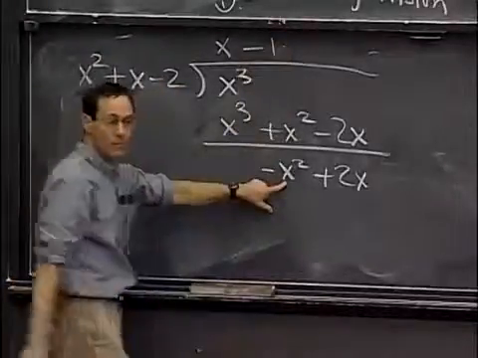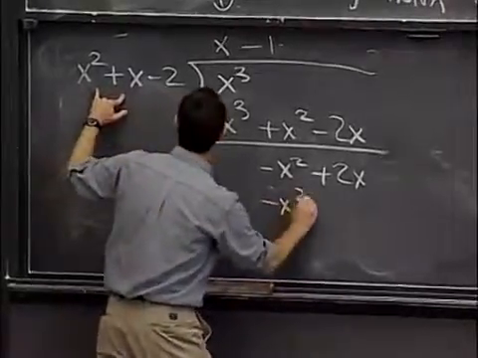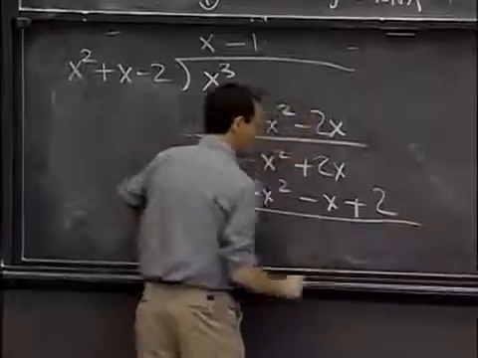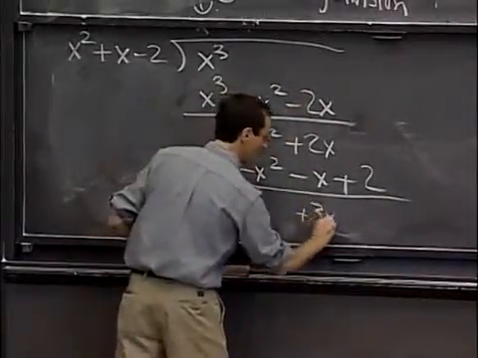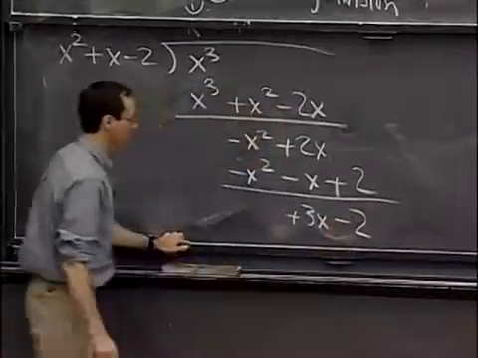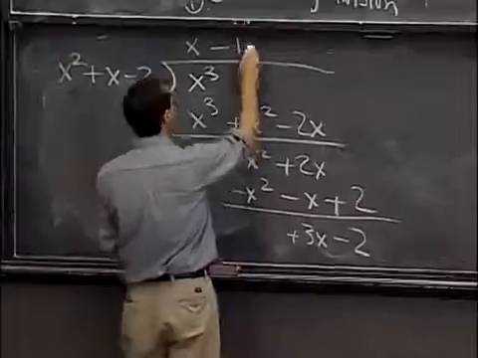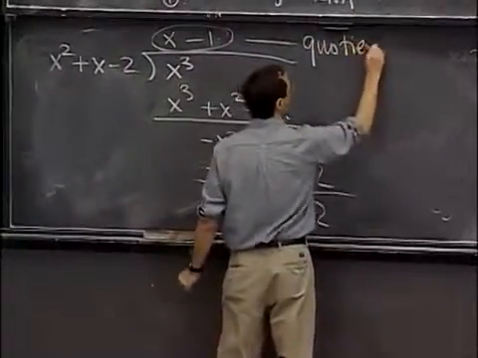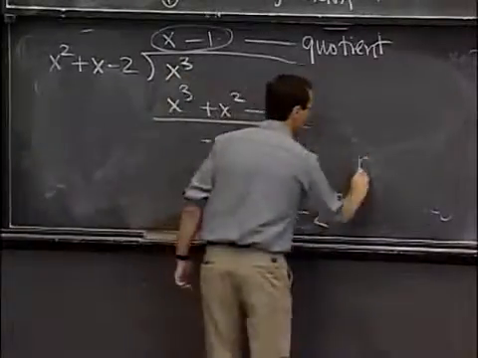So minus 1 times this is minus x squared minus x plus 2. And I subtract, and the x squareds cancel, and here I get plus 3x minus 2. Okay? Now, this thing has a name. This is called the quotient. And this thing also has a name. This is called the remainder.